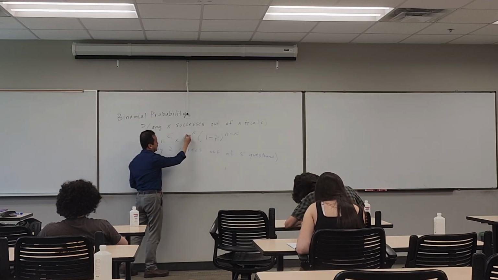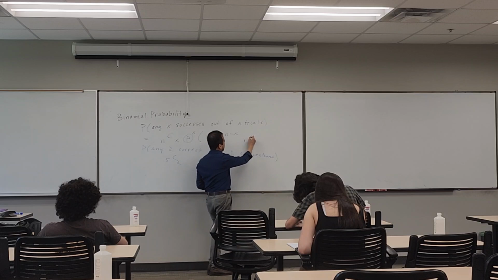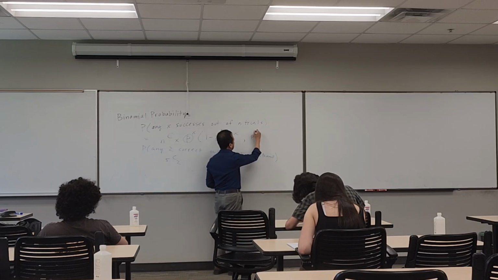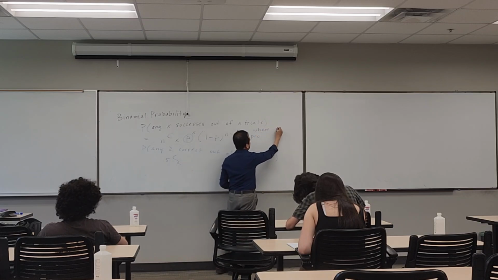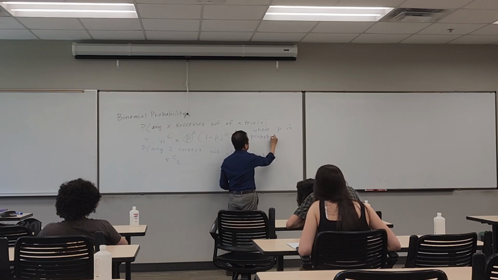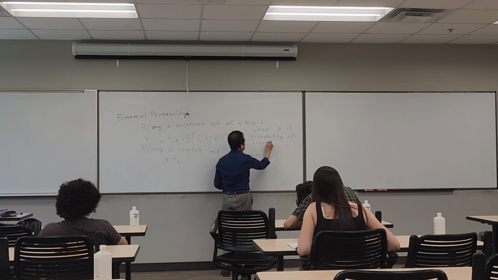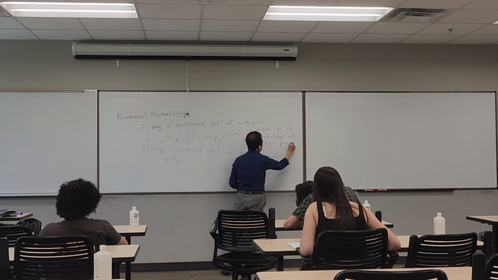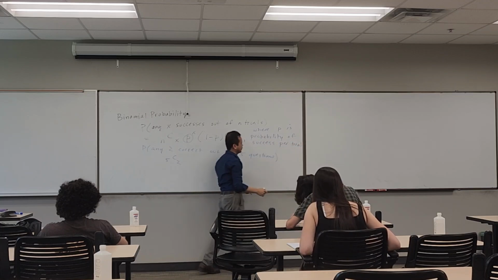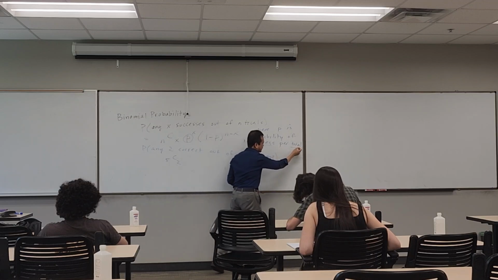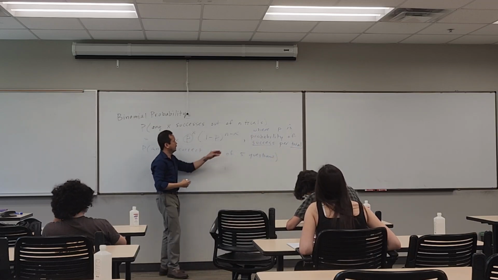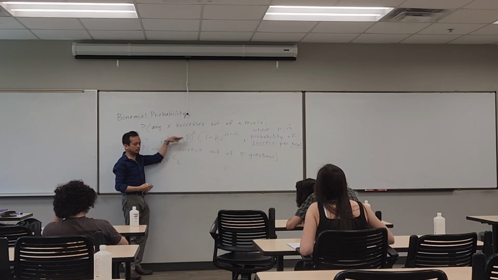And then p here is defined as the probability of success per trial, and success and trial are just generic terms for this general probability.